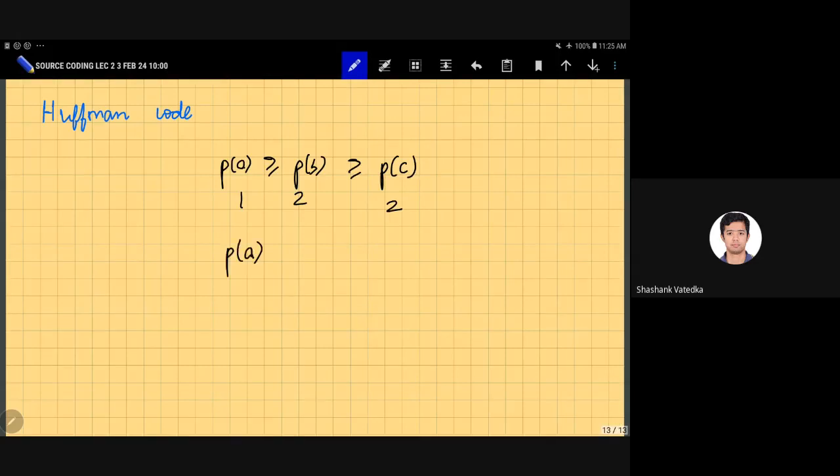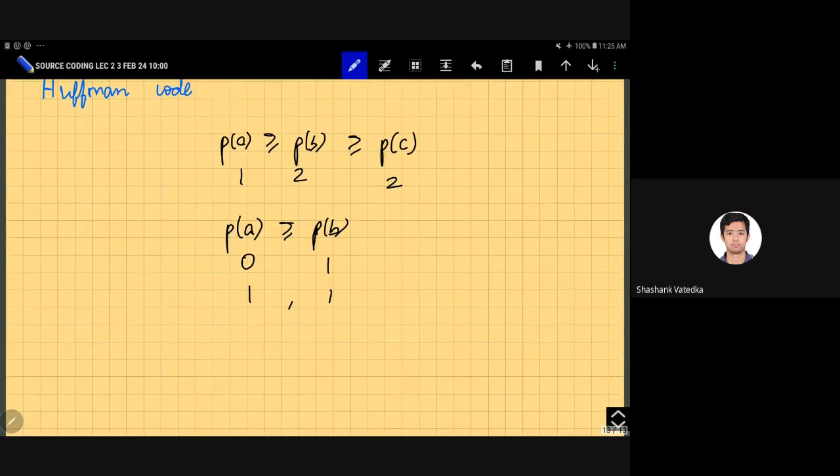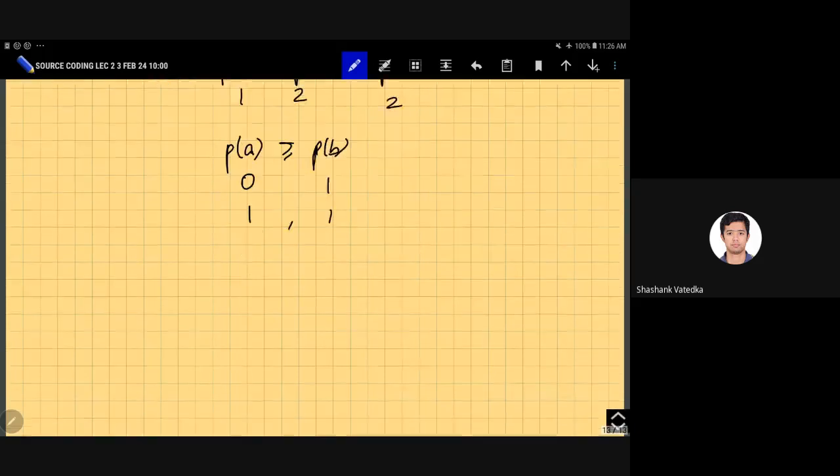So P of A greater than or equal to P of B, the best code would be 0 and 1, corresponding to code word lengths 1 and 1. So basically what we do is try to reduce our alphabet to a smaller and smaller alphabet till we get down to one of these two cases.